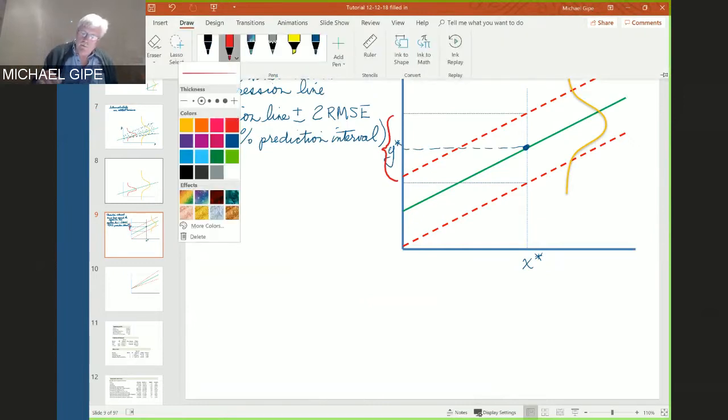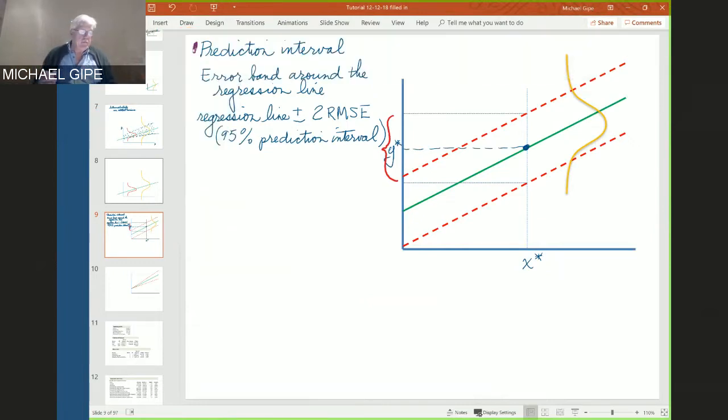So in the picture here, we have the possible range of y values. And so basically this is the range of uncertainty about the prediction.